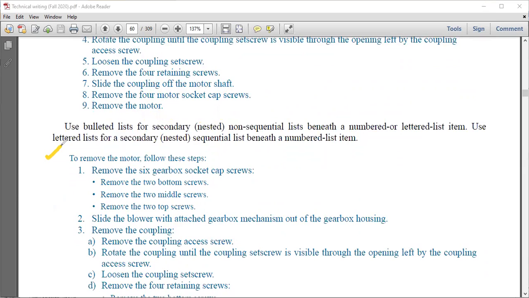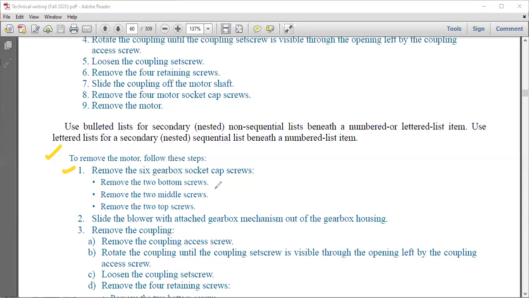What's happening over here? To remove the motor, follow these steps. So we know that this is the first step, right? Okay. And then the first step has been numbered over here, right? Now what is happening over here?